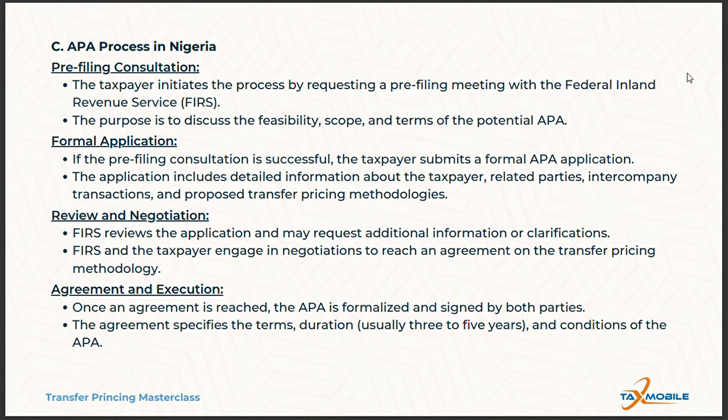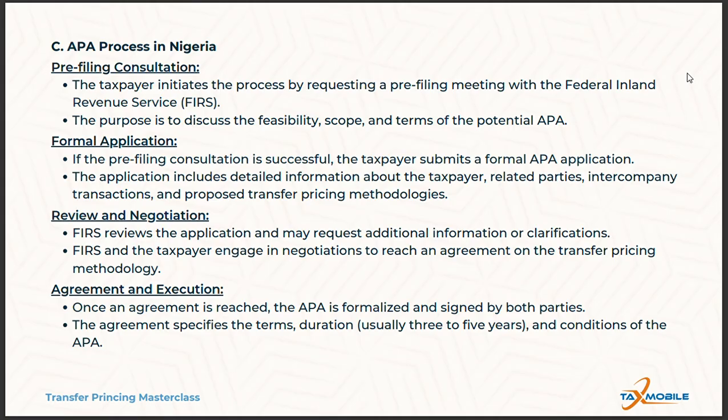So for the content of the application, you must provide the detailed information of the taxpayer, the related parties, the controlled transactions, and the proposed transfer pricing methodologies that the taxpayer is using.